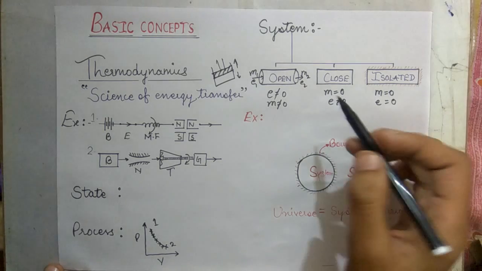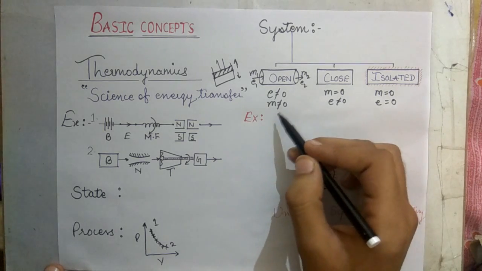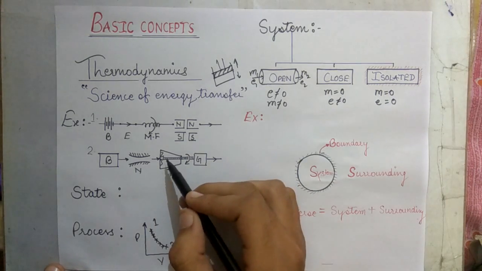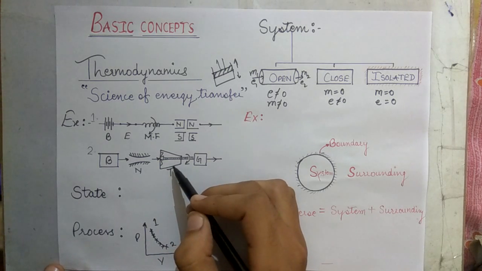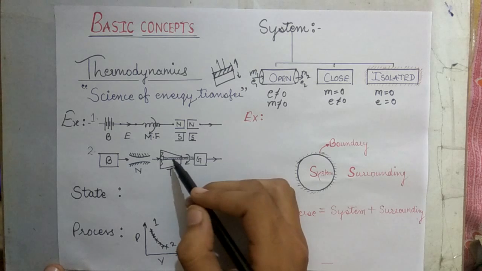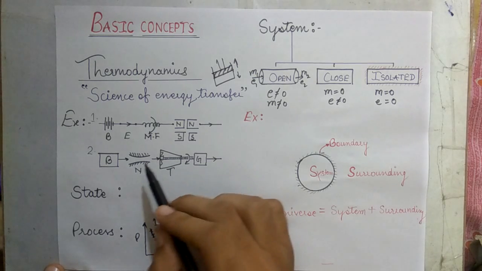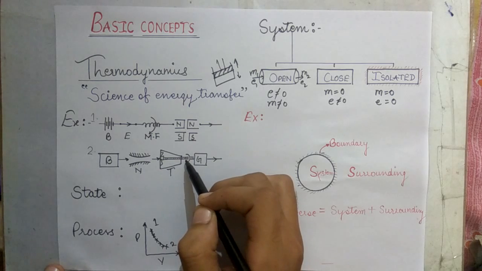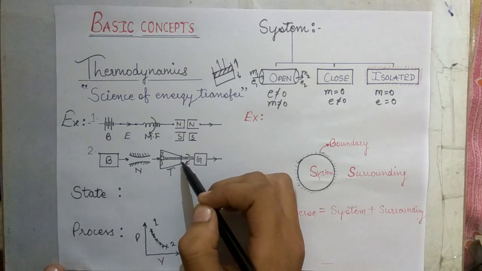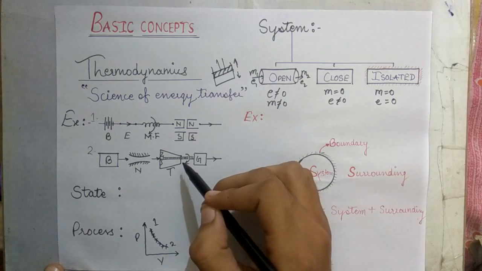Now if I talk about examples, suppose I have a turbine. You can see here, turbine. We are getting mass as well as energy from it. It is converting the energy and we are getting mass. If steam goes in from the inlet, then we get the same amount of steam from the outlet. So this is an open system.